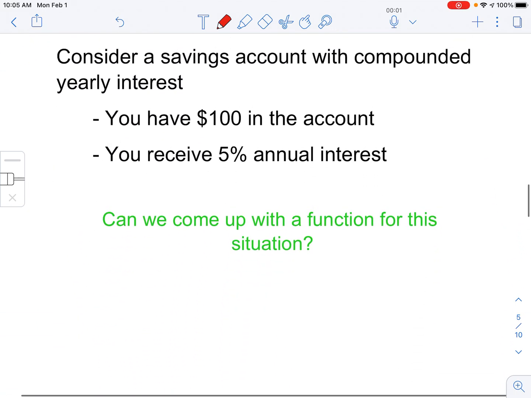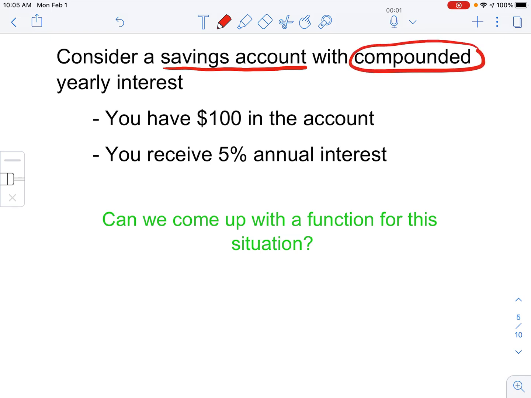So consider a savings account with compounded yearly interest. Okay, so a savings account, preparing to save some money. Now, the word compounded means that we are making interest. And if you don't know what interest means, interest is the money that you get from the bank for storing your money with them.